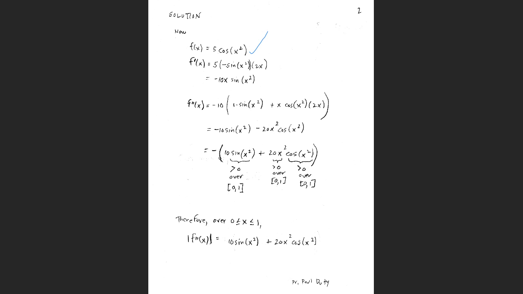By the chain rule, the derivative is 5 times negative sine of x squared times the derivative of x squared, which is 2x. And so you end up getting negative 10x times the sine of x squared. That's your first derivative.